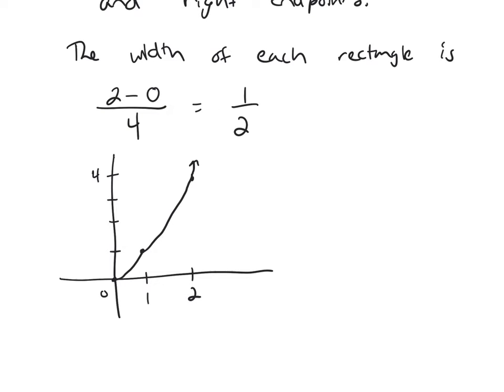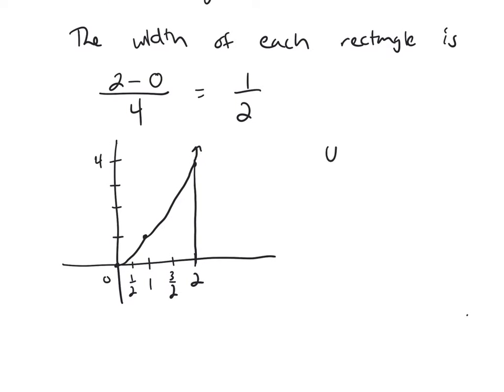But now, because I have 4 rectangles, I'm going to have 1/2 here and a 3/2 here. And don't forget that we're using right endpoints. So I have a rectangle from 0 to 1/2. You're going to pick the right endpoint, just right there. That will be the height of your rectangle.